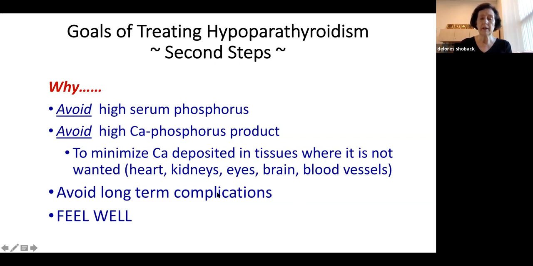Because at the end of the day, those calcifications are probably associated with long-term complications in these different organs. And so the other very big goal of all of this treatment and focus on these biochemical parameters is we hope that if we can get those as normal and as close to normal as possible, that you'll feel well, that it'll improve well-being.